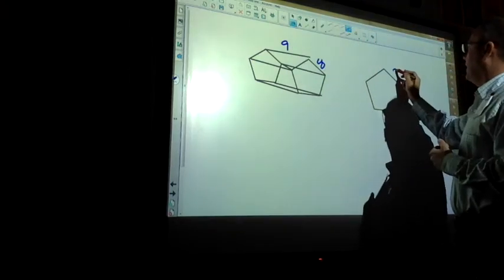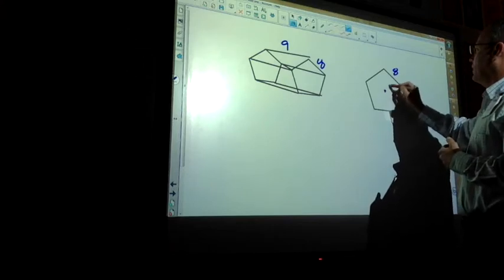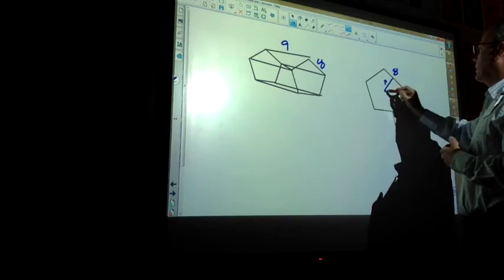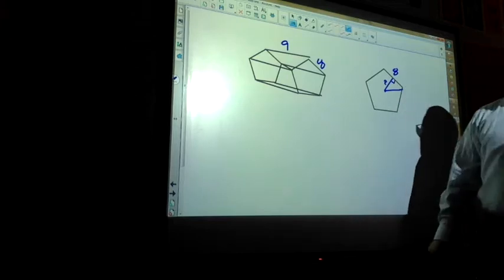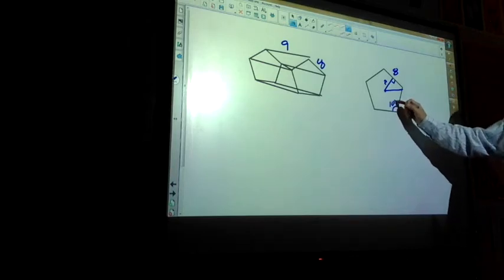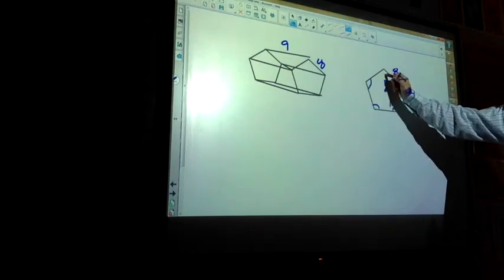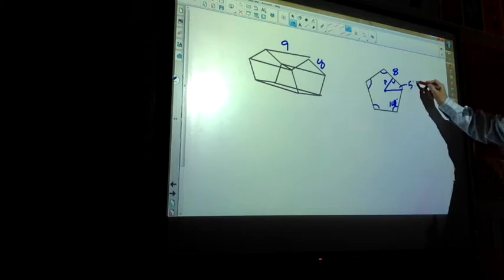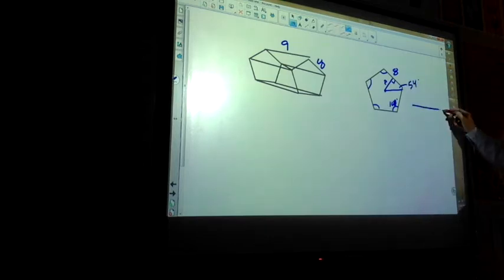Me too. So that was 8. I have an apothem. That's a 90-degree angle. So (n minus 2) times 180 divided by 5 means each of these is 108, which means this is 54. So let's pull that triangle out and take a look at that.